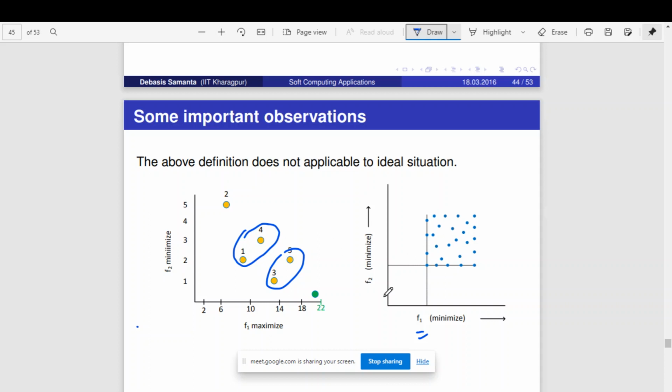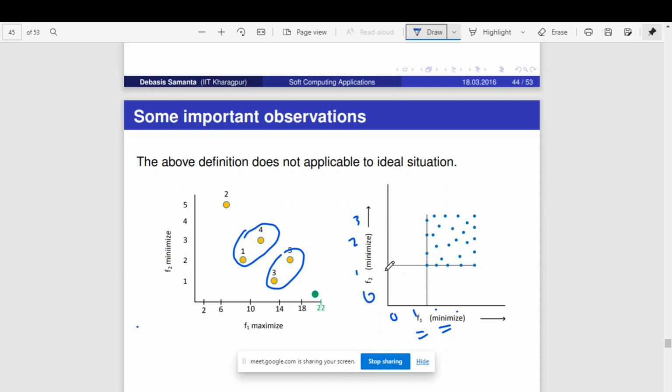Both you want to minimize, so minimize means towards the left and down. Let us assume our numbering is like this: 0, 1, 2. So the solution should be more towards left and more towards down.